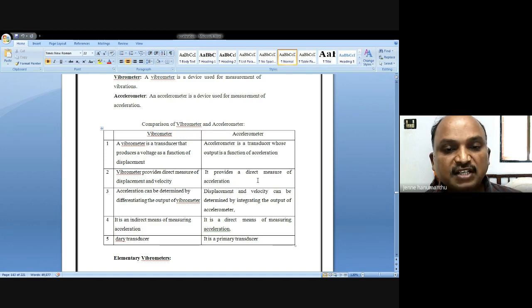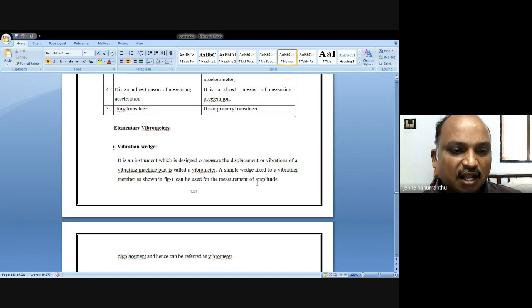It provides a direct measure of acceleration. Displacement and velocity can be determined by integrating the output of accelerometers, right? Generally, acceleration comes under a primary transducer.